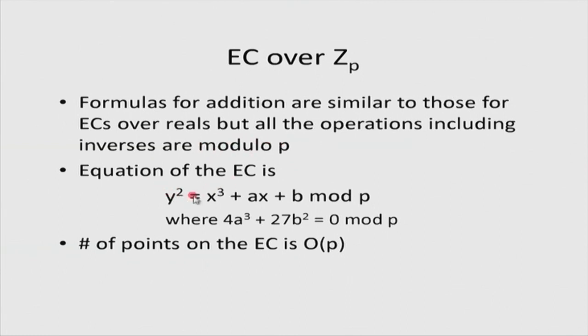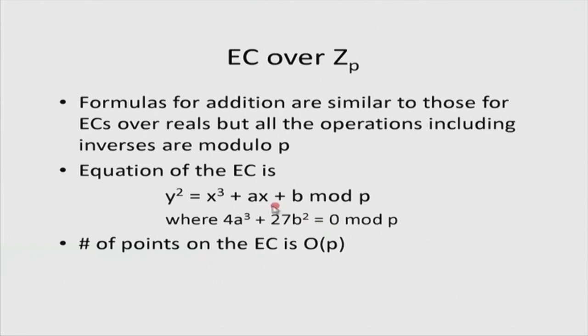The equation of the elliptic curve is also the same: y square is equal to x cube plus ax plus b mod p. The constraint is that 4a cube plus 27b square, this is a misprint, it should be not equal to 0 mod p, just like one of the previous slides, the same equation with a not equal to sign included.